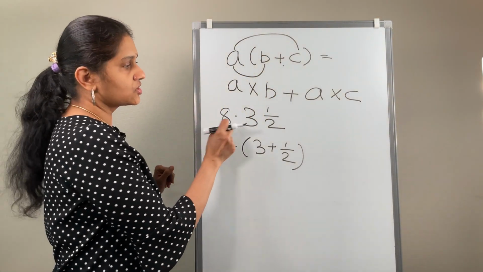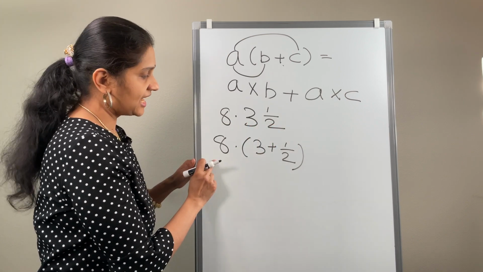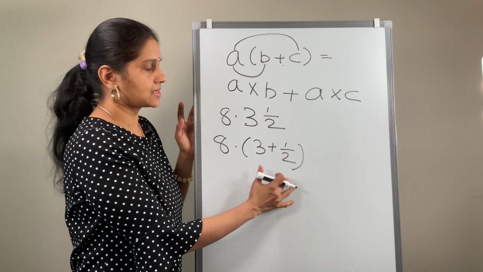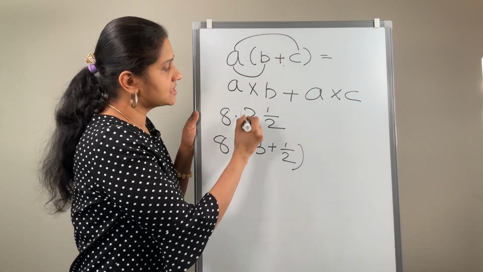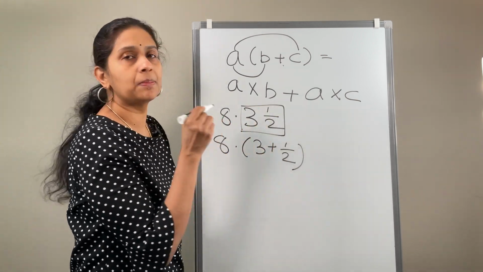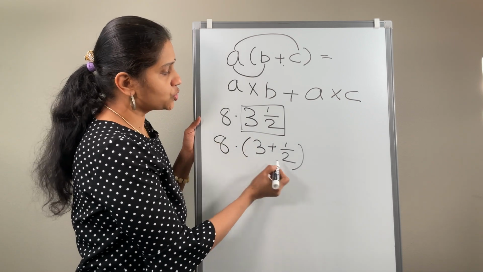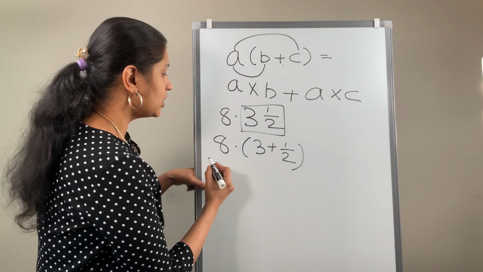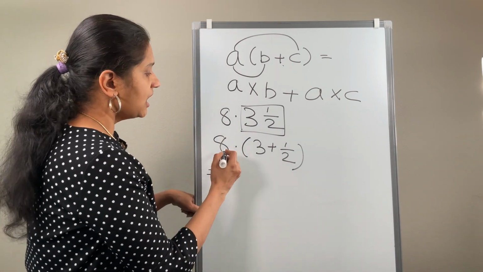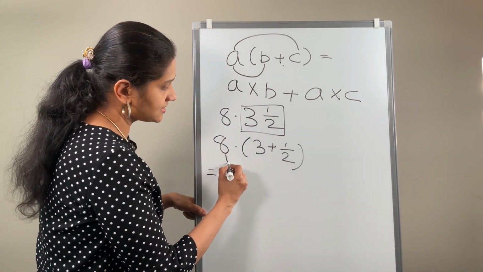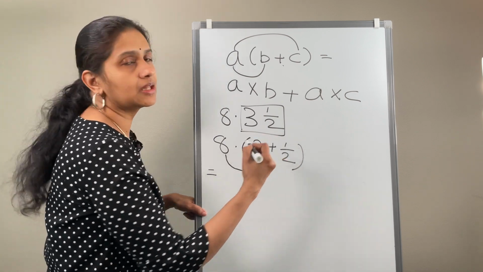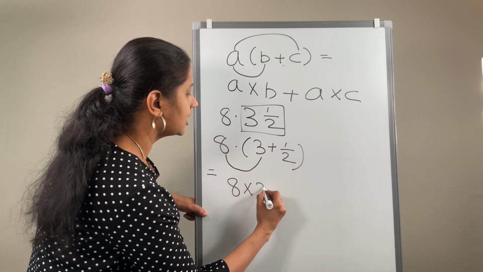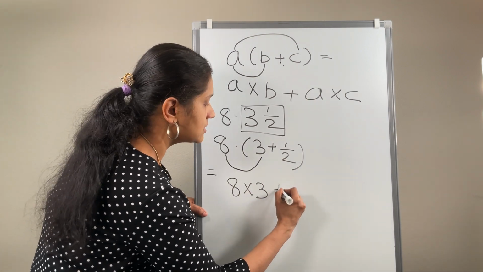So here 8 times 3 1/2 can be written as 8 times (3 plus 1/2). When you write this 3 1/2 as 3 plus 1/2, remember you should put it inside the parenthesis. Now let us use the distributive property. As usual, multiply the number outside the parenthesis with the first number inside the parenthesis, which is going to be 8 times 3. Then the addition sign.